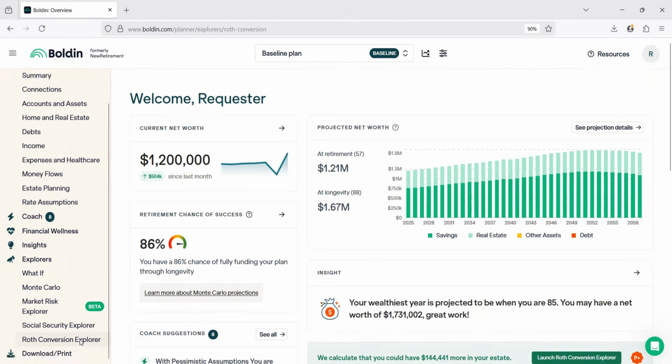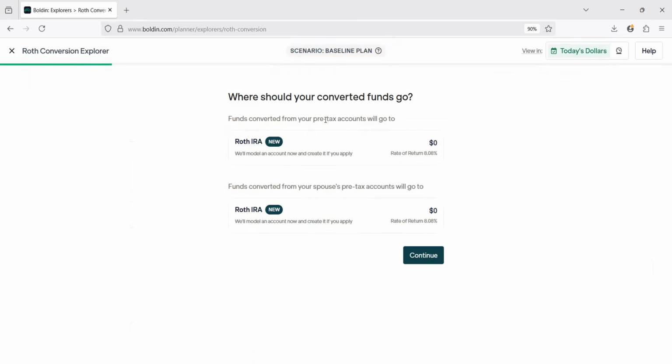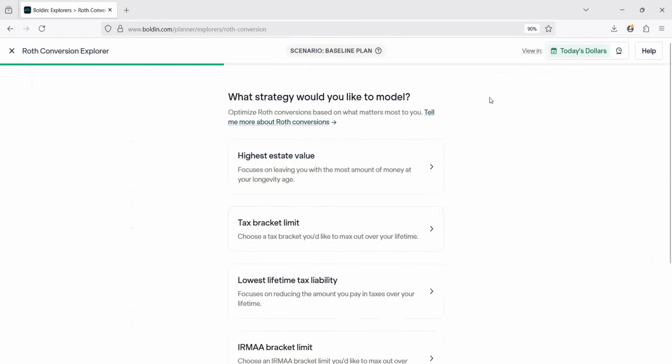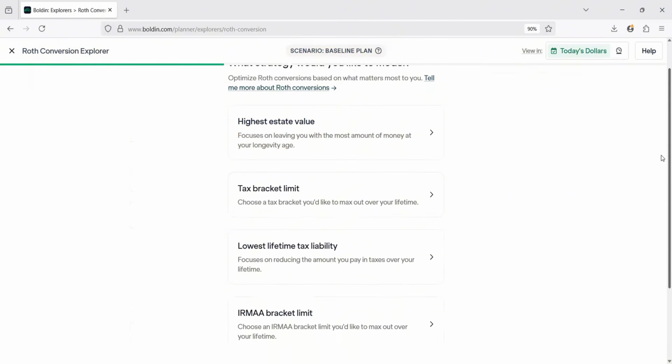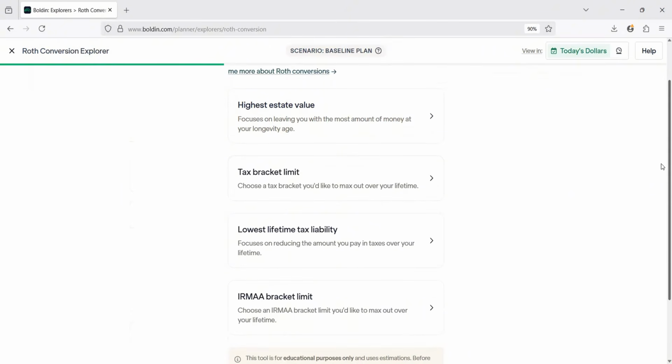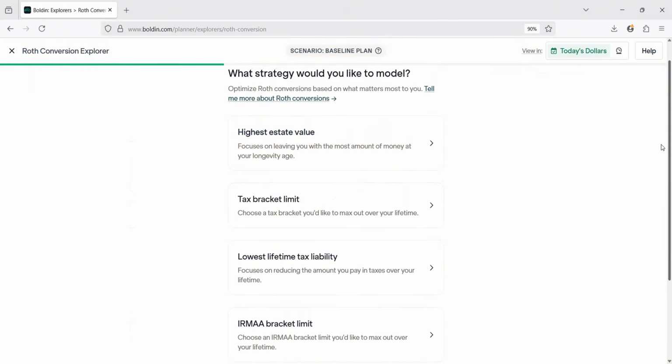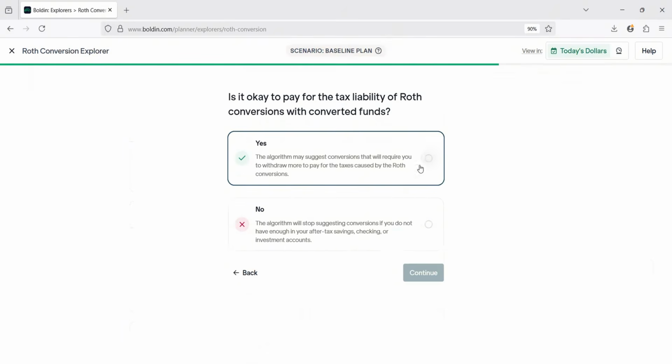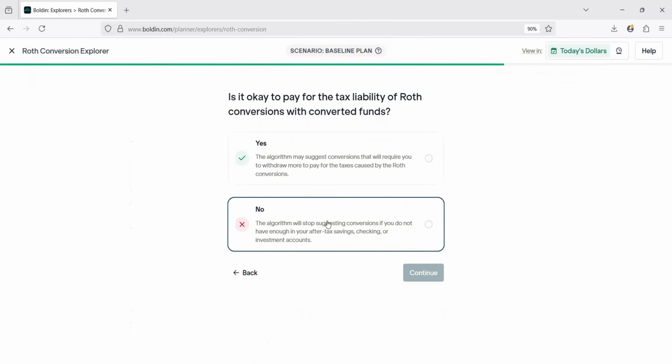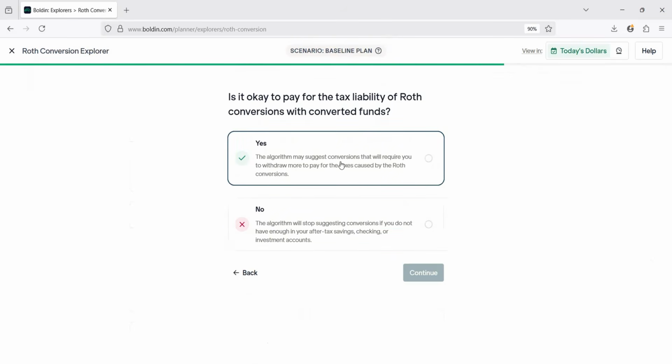Okay, so we're going to go into the Roth Conversion Explorer and it's going to create two new accounts versus what that was saying. We want to go by the highest estate value. Okay. Well, we're going to have to pay for tax liability with converted funds because we don't have funds here.